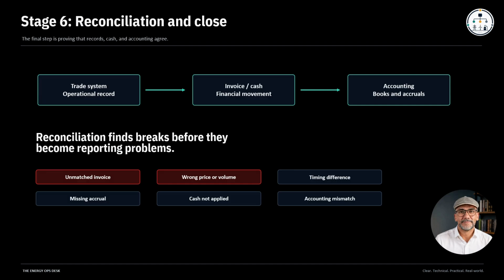This step is essential because it confirms that the trade lifecycle has been completed and is correct. If there are breaks, the team must investigate. A break could come from a wrong price, missing volume, timing issue, duplicate invoices, incorrect payment terms, etc. So reconciliation protects the business. It helps to detect errors, prevent losses, support audits, and maintain operational discipline.